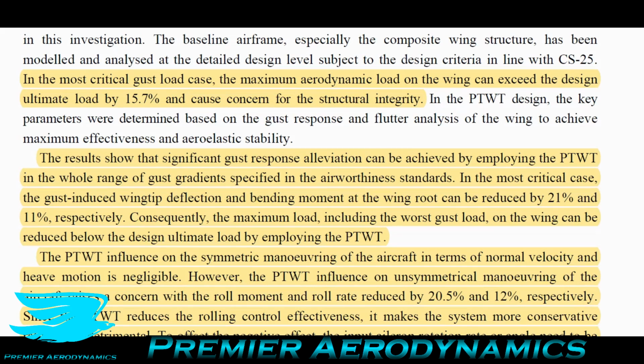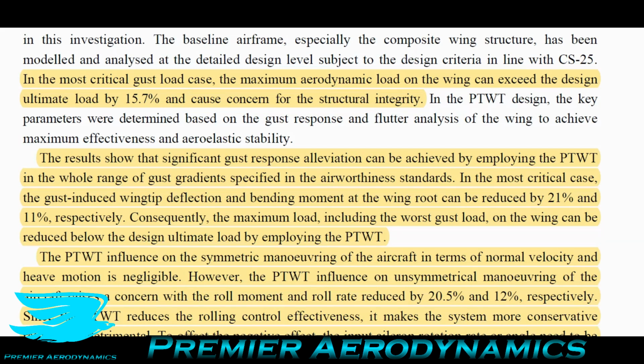So they say, back to the paper, that in the most critical gust load case, the maximum aerodynamic loading on the wing can exceed the ultimate load by 15.7%, and this causes structural integrity problems. However, the passive twist wingtip reduces this loading and gets it below this maximum ultimate load, which makes it safer.